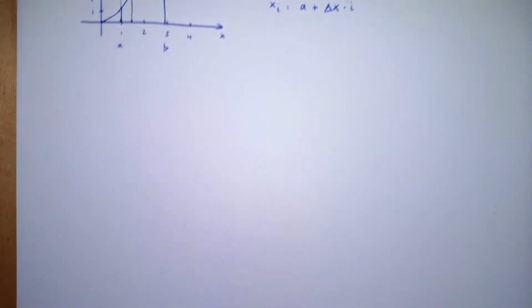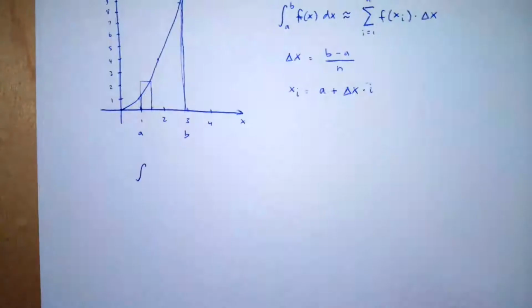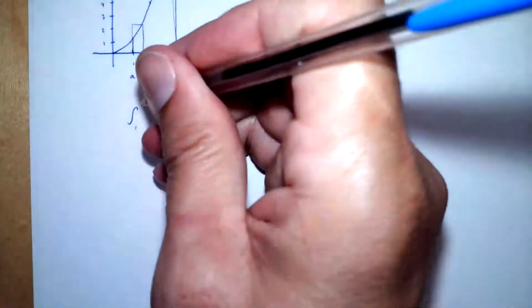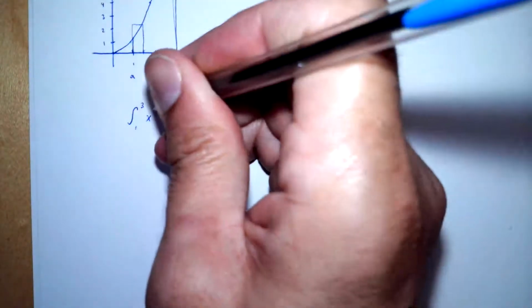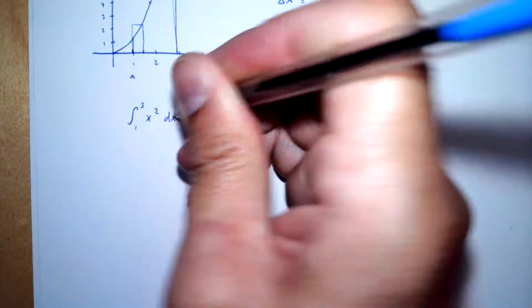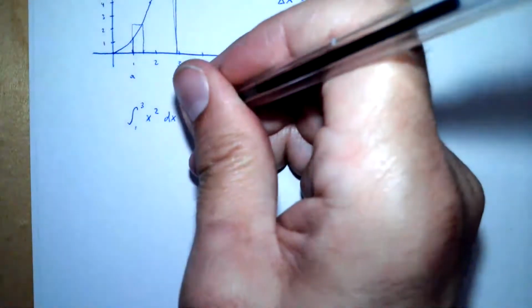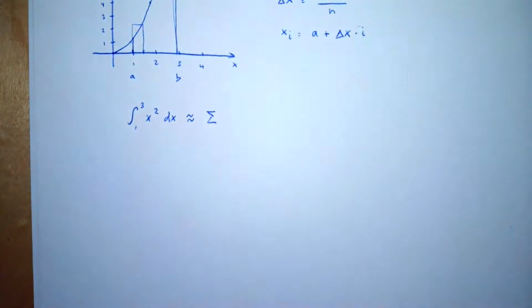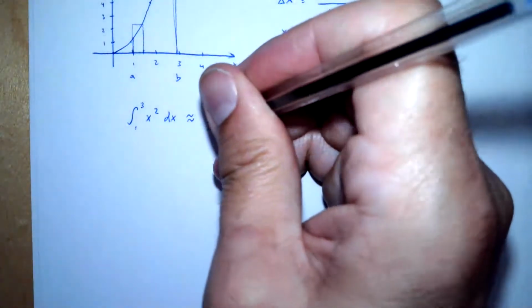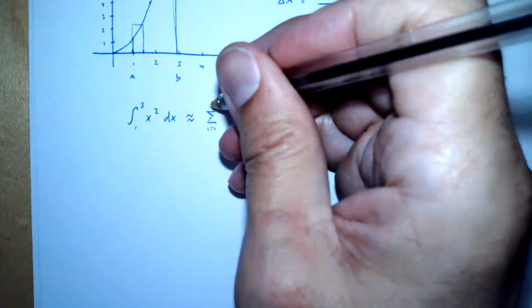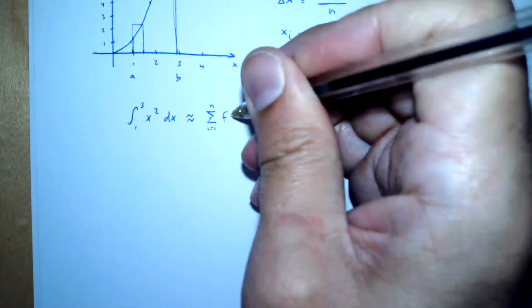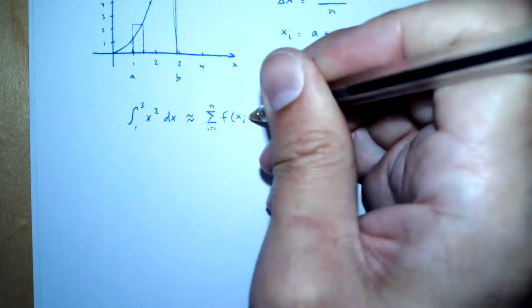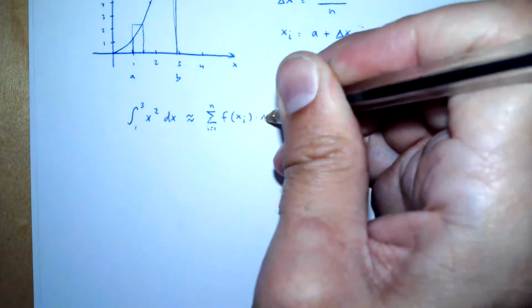So that's going to be the integral from 1 to 3, which is what we were looking at here. The integral from 1 to 3 of x squared dx. And we're going to approximate that with the Riemann sum, the sum from 1 to n of f of x sub i times delta x.